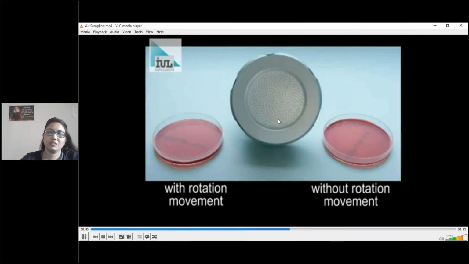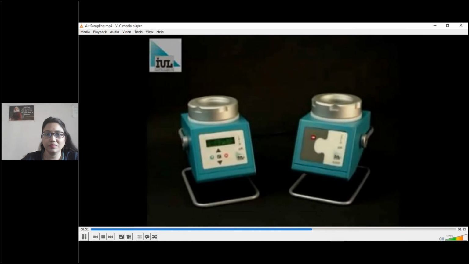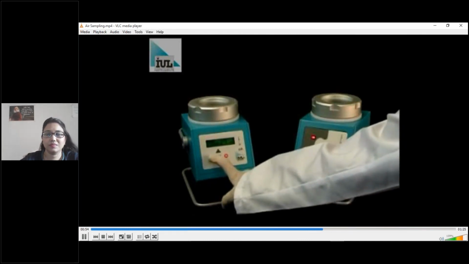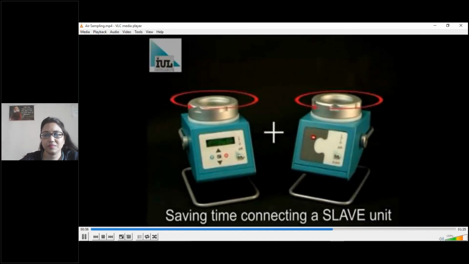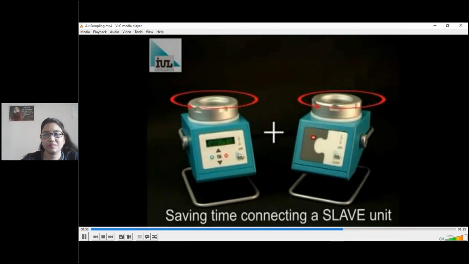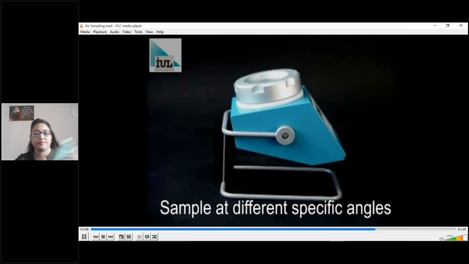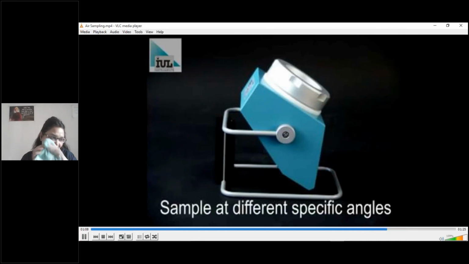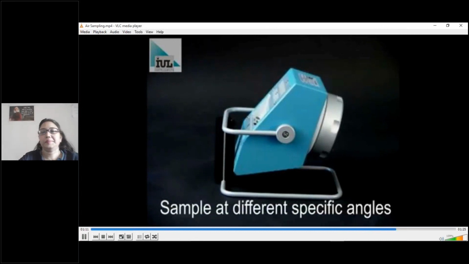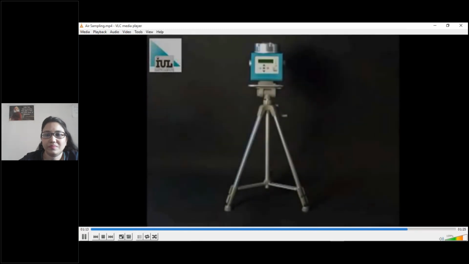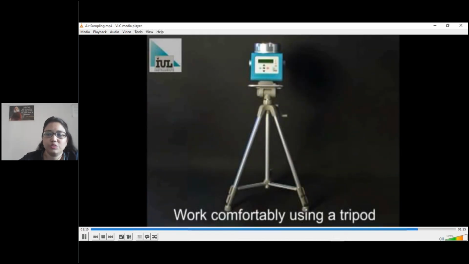So here you can see this is the SEV like nozzle. So once it will rotate, it will help in impingement of the particles onto the solid agar surface. So using a tripod, whatever height you need also, you can sample the environment.